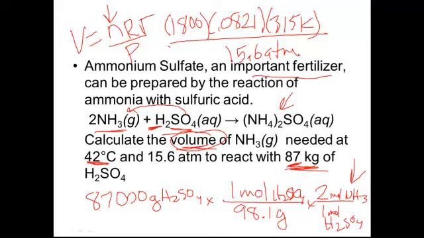So I'm going to take 1,800 times 0.0821 times 315 divided by 15.6, and I get a volume of, again, two significant figures, 3.0 times 10 to the third liters. Basically, that's 3,000 liters in scientific notation with only two significant figures.